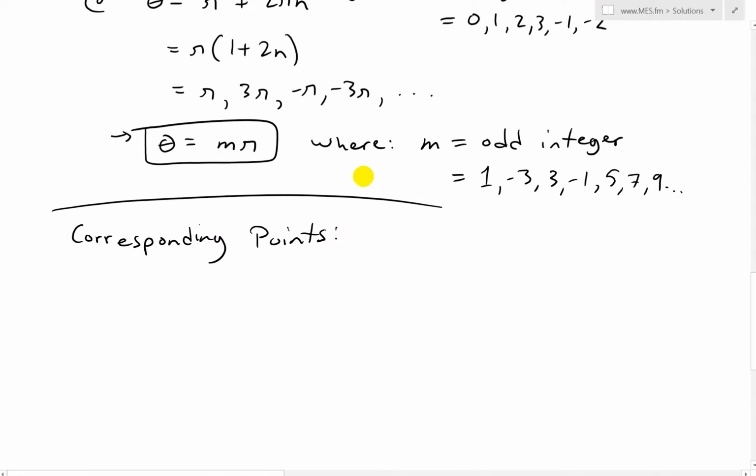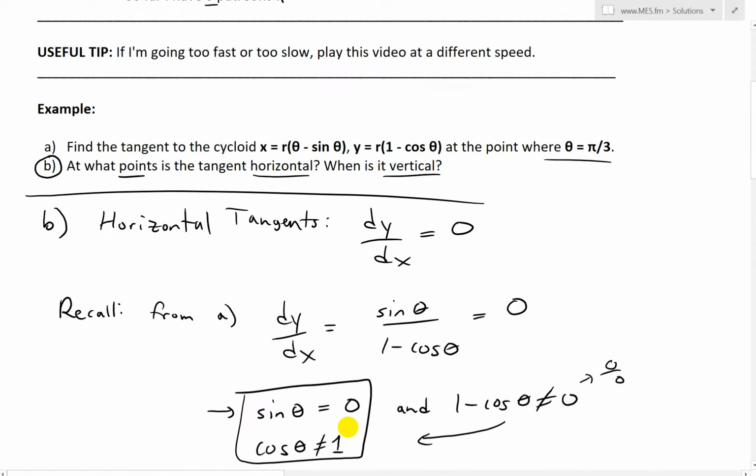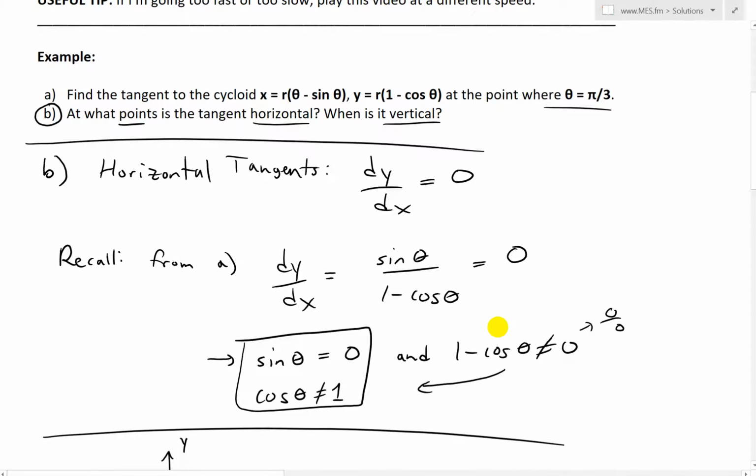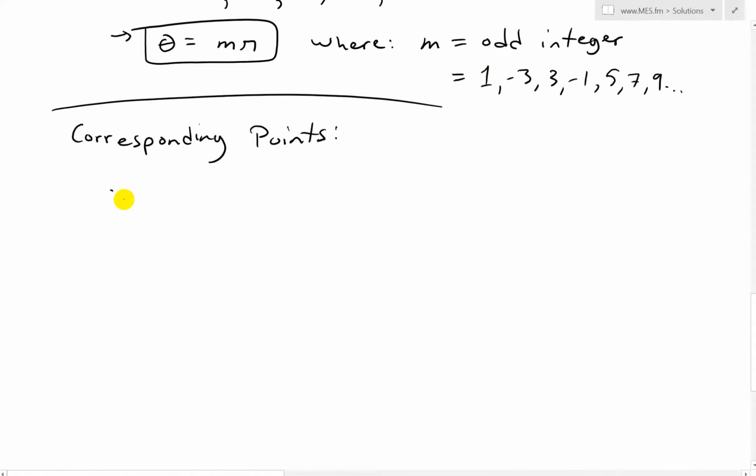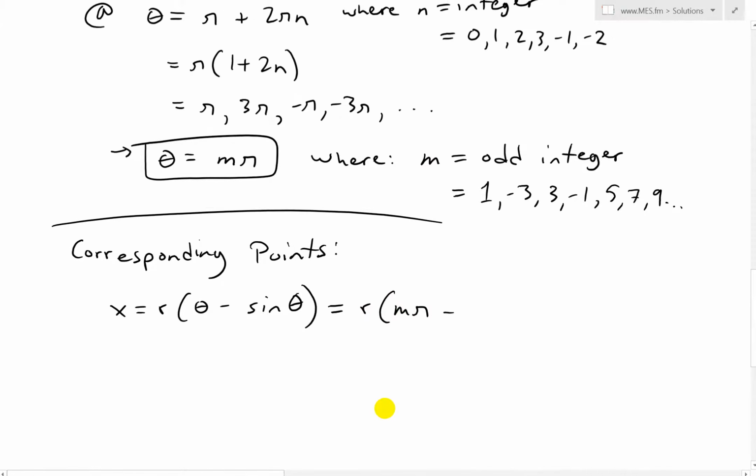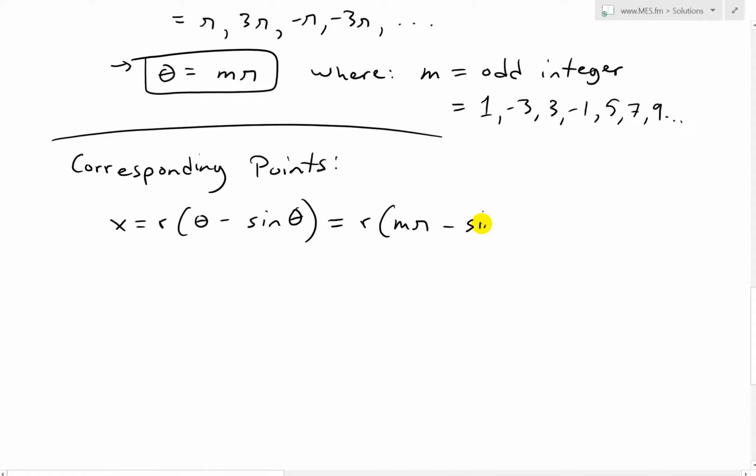And for these corresponding points, we know that x is equal to r(theta minus sine theta), and y is equal to r(1 minus cosine theta). So we could just plug this theta inside. We get x equals r(m pi minus sine of m pi), but the sine term just goes to 0.